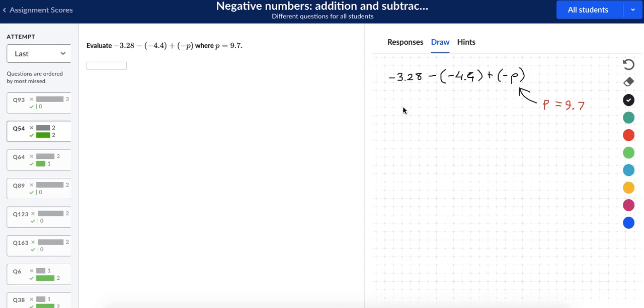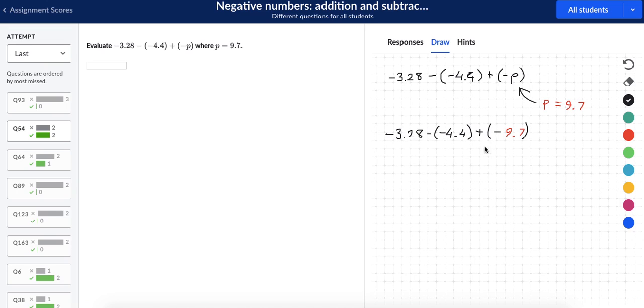So we have here negative 3.28 minus that negative 4.4, and now we have plus a negative, and we're going to put in our p, 9.7. Notice that I'm preserving the negative from the original question, recognizing that it's only the p that I'm substituting in. The negative remains. That's the first most common error that students make.